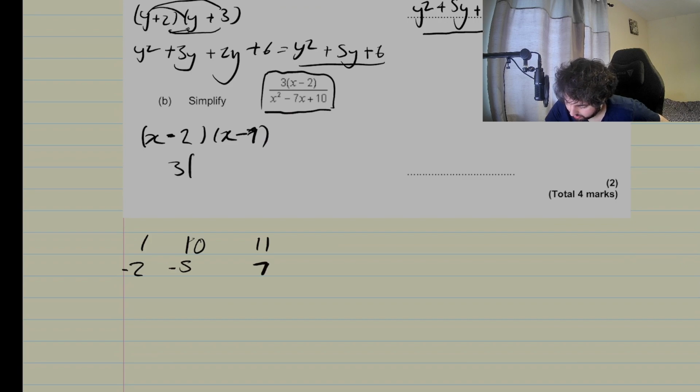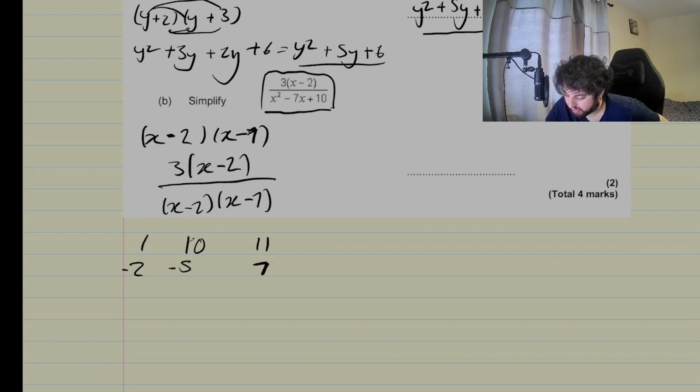So 3 times x minus 2 over x minus 2, x minus 5. And as you guys can see, there's an x minus 2 in the bottom and an x minus 2 in the top. So what we can do is just cancel those two out, which would mean that you would get 3 over x minus 5. And as you guys can see, we cannot simplify any further than that.